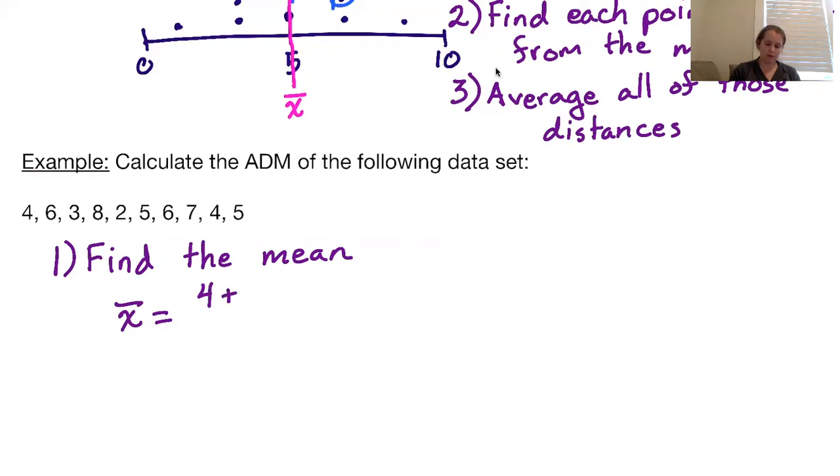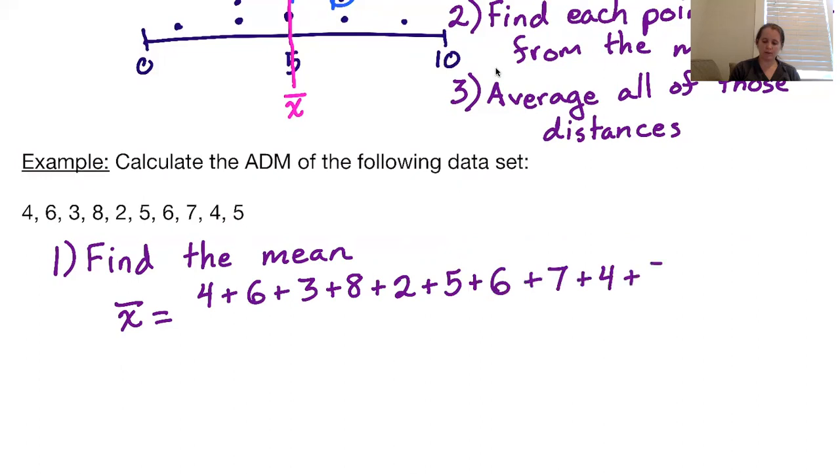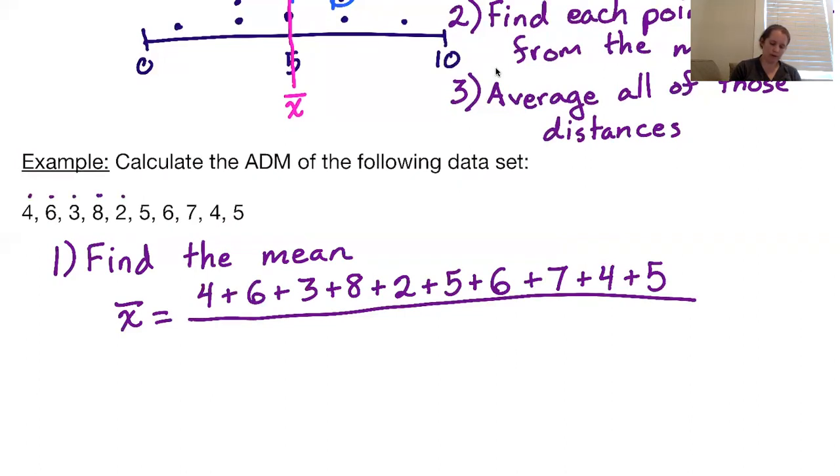So we have 4 plus 6 plus 3 plus 8 plus 2 plus 5 plus 6 plus 7 plus 4 plus 5. And then we will divide by the number of data values. So we have 1, 2, 3, 4, 5, 6, 7, 8, 9, 10 data values.